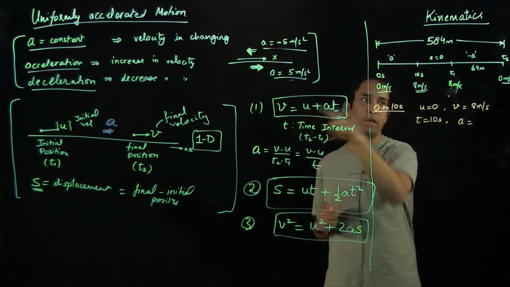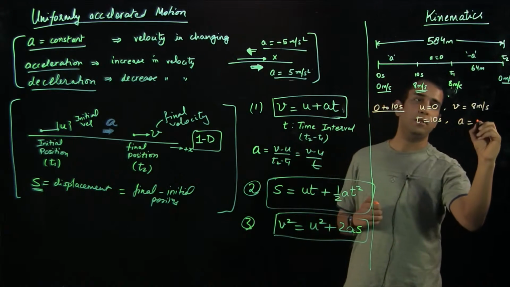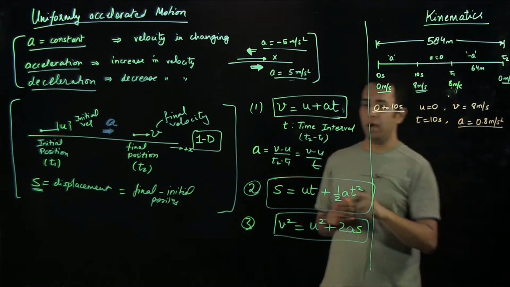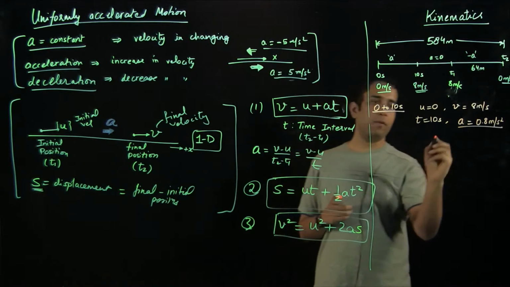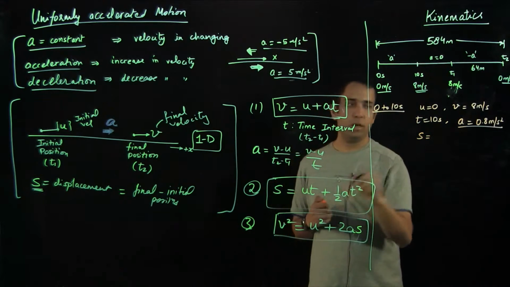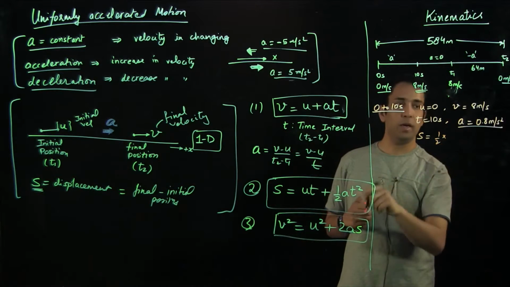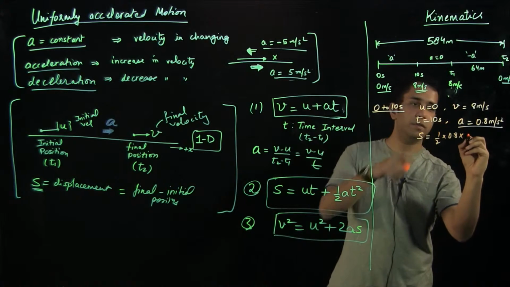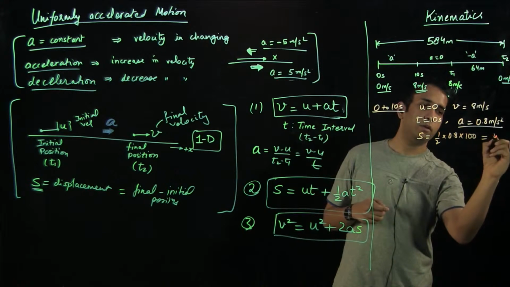It will be (v minus u) upon t, so it would be 0.8 meter per second square. I can use the second equation for this time interval to find the displacement. So u is 0, and I use half a t square, which is half into 0.8 into t square, which is 100. So it will be 40 meters.